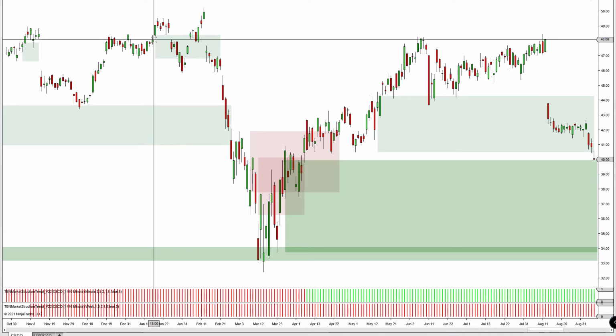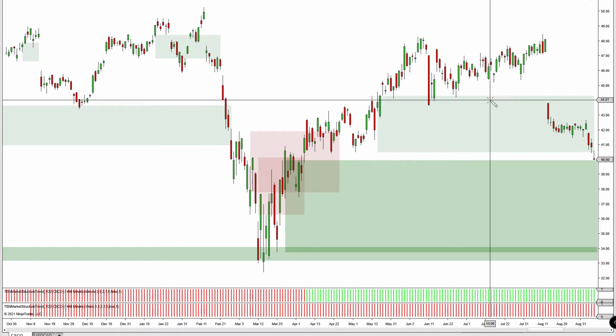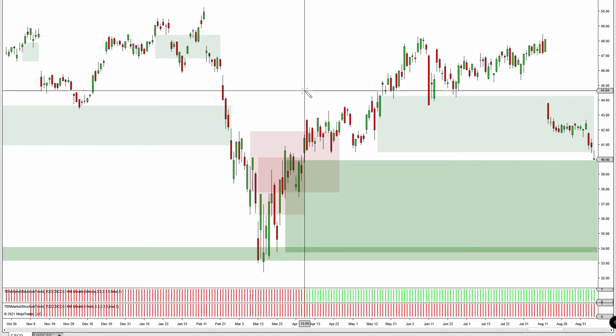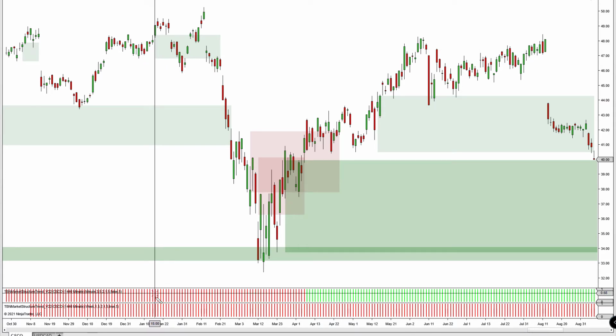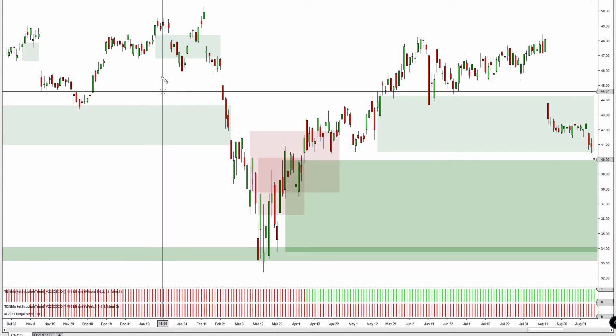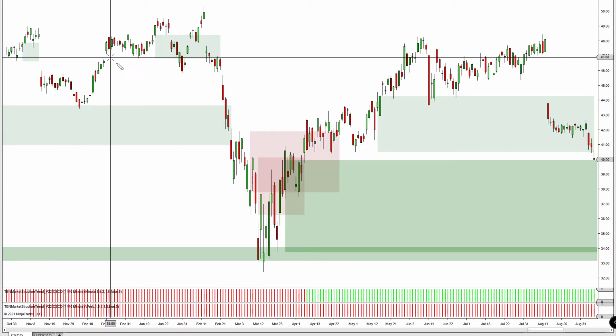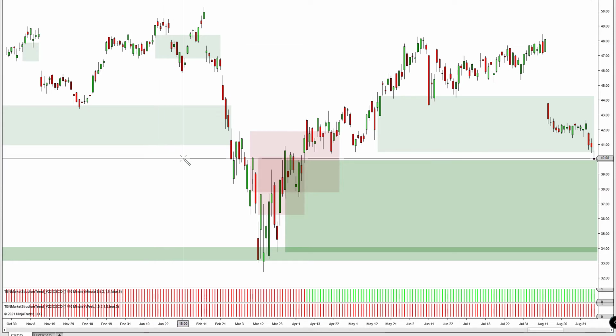We'll go ahead and start up here at this zone, and then we're just going to walk our way from the left of this chart to the right. So up here, you can see that the trend is actually bearish. So why would it be bearish when all we see here are green market structure zones?